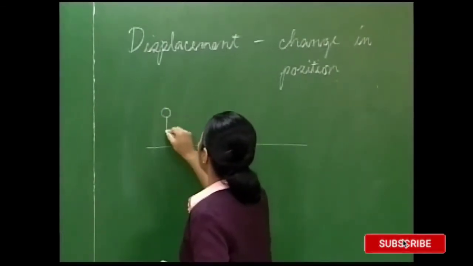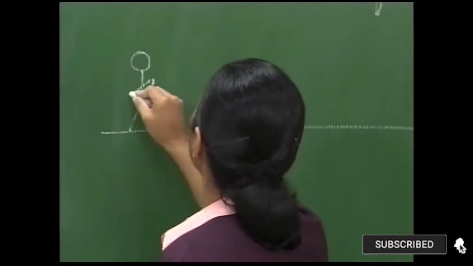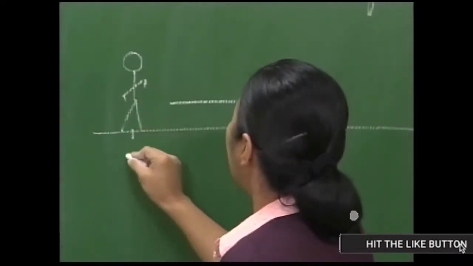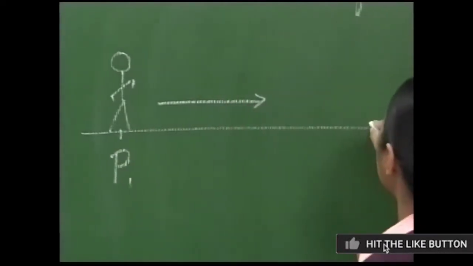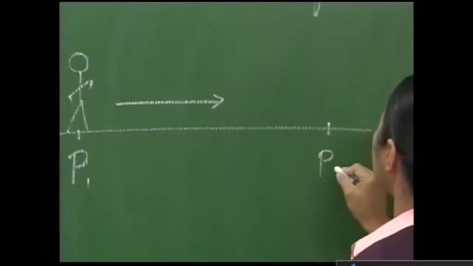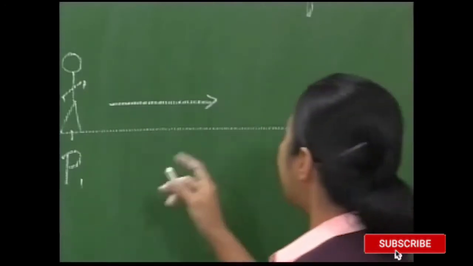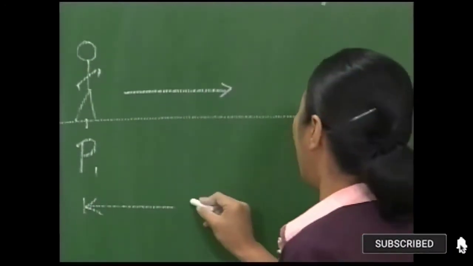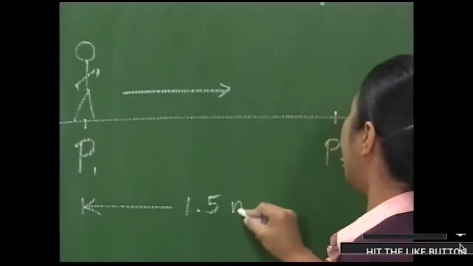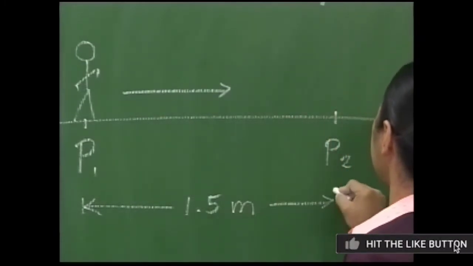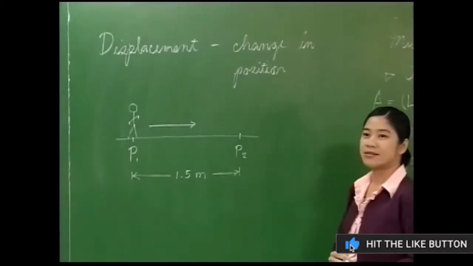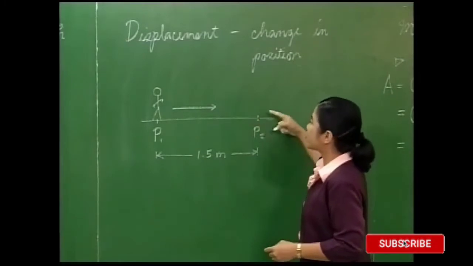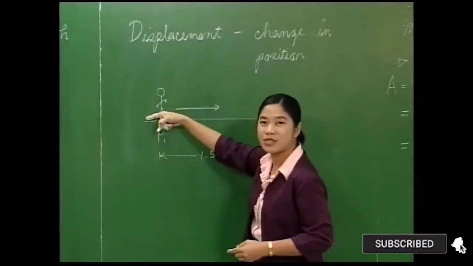And you have somebody now who walks from point 1 to point 2, and say this distance is, as I said, 1.5 meters. After moving to this point, I return to the original position.